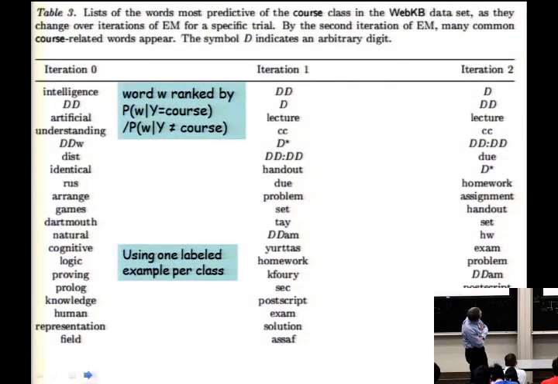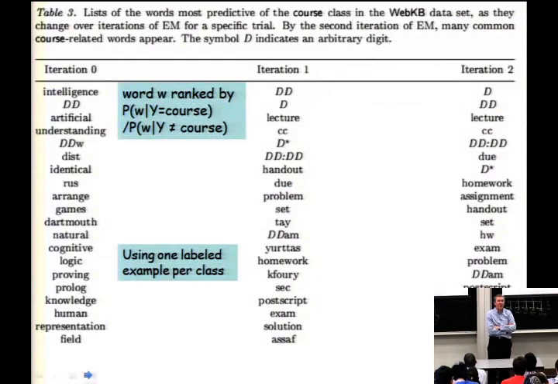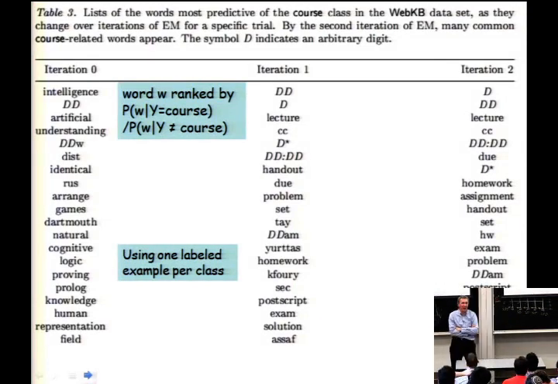He doesn't tell us in this caption how many labeled examples he used, but I'm sure it was under 5. It was a very small number of labeled examples. I think it was 1 or 2 per category.